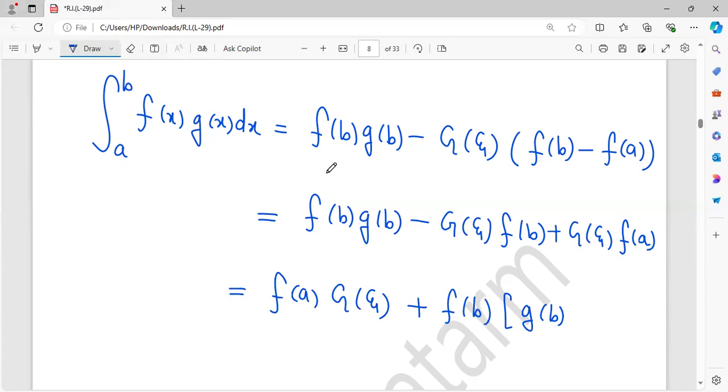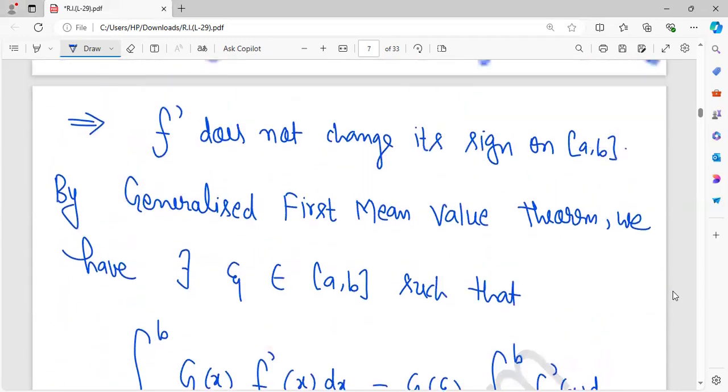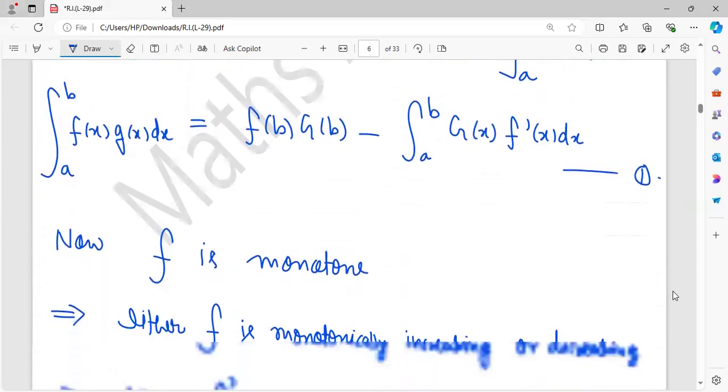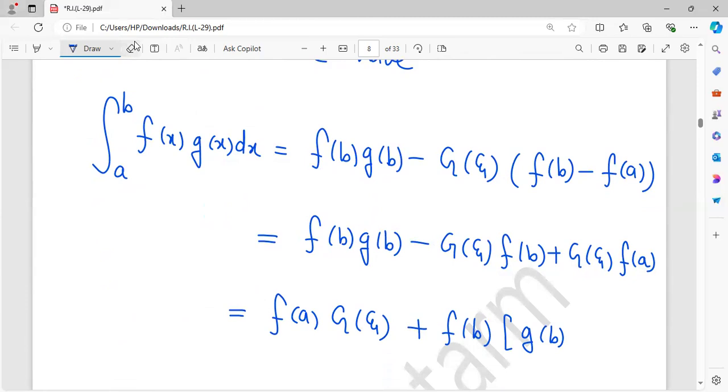What was this actually? This was not small g, it was capital G. So let me check it again. This was capital G b. Sorry for that. Capital G it is. So I am taking f b outside, then it will be capital G b minus G xi.